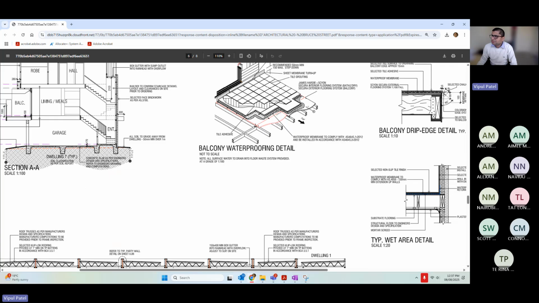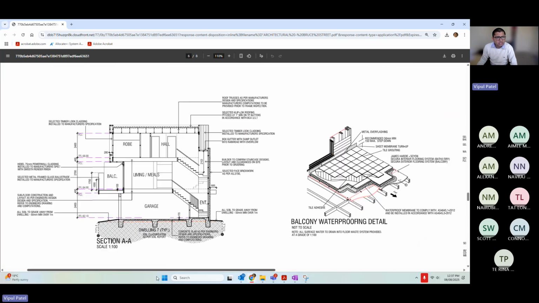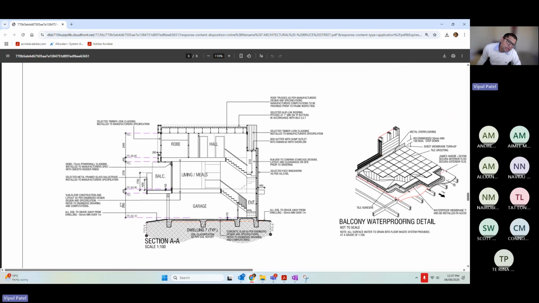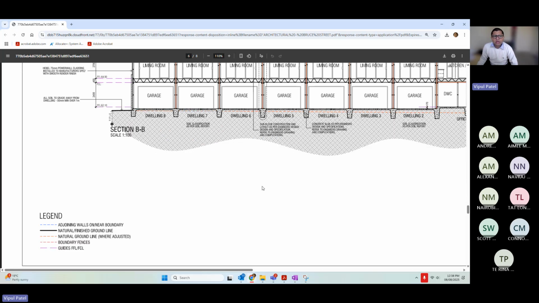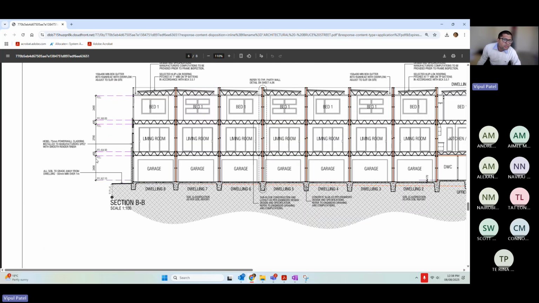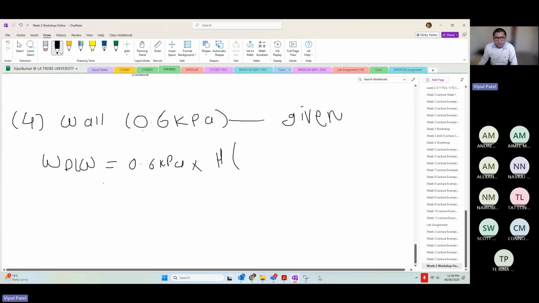Considering all these values, it is 6.3 meters. If you add 400 plus 2.7 plus 400 plus 2.4 and some roofing, that will give you the 6.3 meters wall height.